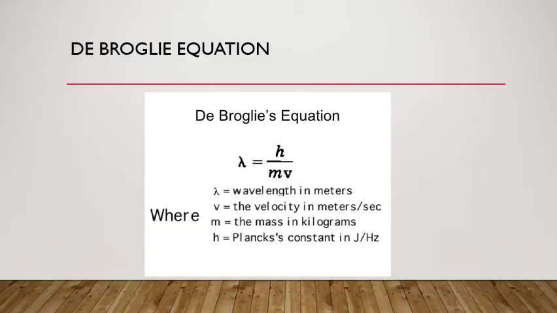So finally we have the de Broglie equation, lambda equals h upon mv, where mass times velocity is the momentum. Lambda is the wavelength in meters, h is the Planck constant, v is the velocity in meters per second, and m is the mass in kilograms.